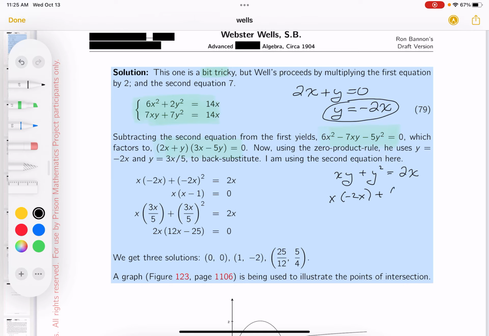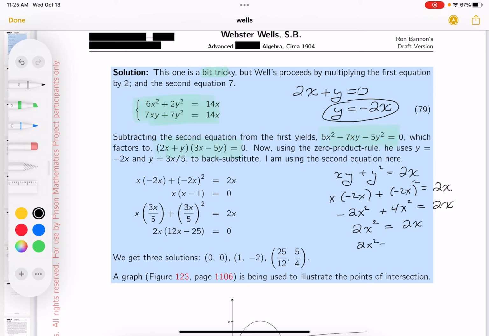Plus minus 2x, because that's what y is, squared, equals 2x. What do you get here? Minus 2x squared plus 4x squared is equal to 2x. 2x squared equals 2x.